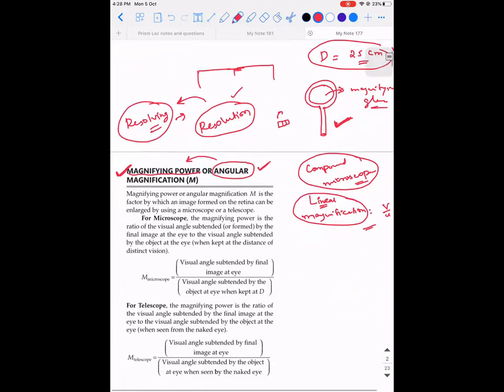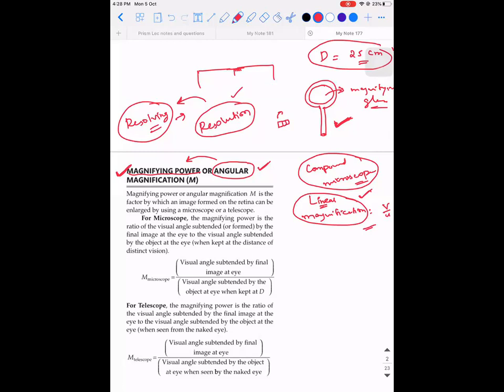Right. So when we say linear magnification, how do we define it? Linear means something related to one dimension. So how did we define linear magnification? It is a ratio of the size of something to the size of something. What is that something? The ratio of the size of the image to that of the object.